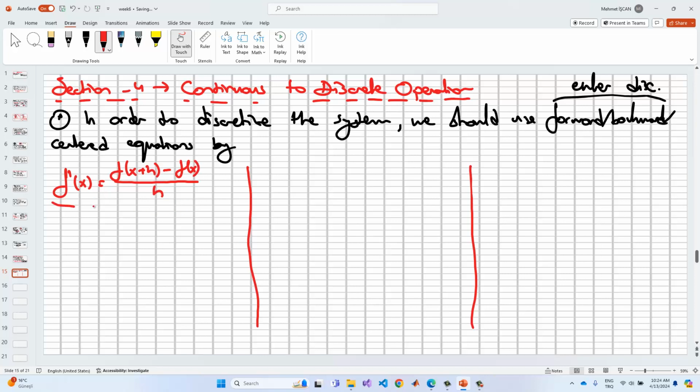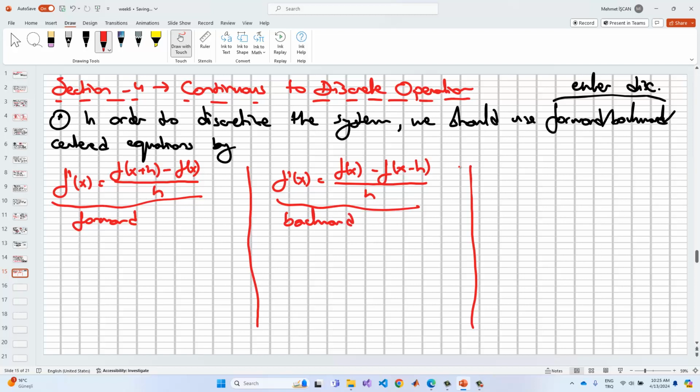This is the forward difference. And we can also take the backward difference: f(x) minus f(x minus h), divided by h. And we can also utilize the centered equation: f(x plus h) minus f(x minus h) divided by h. This is the centered.